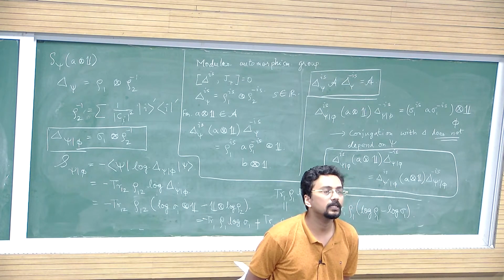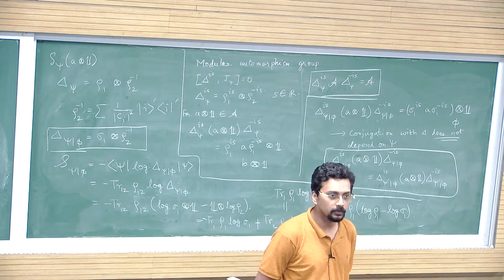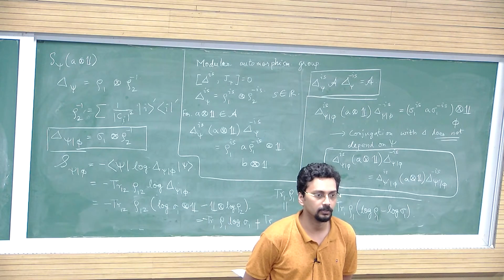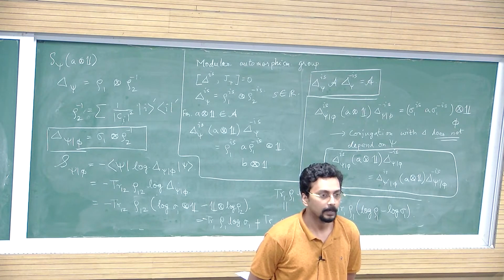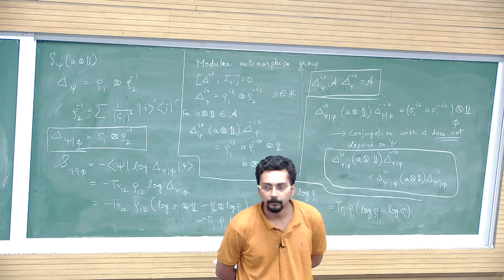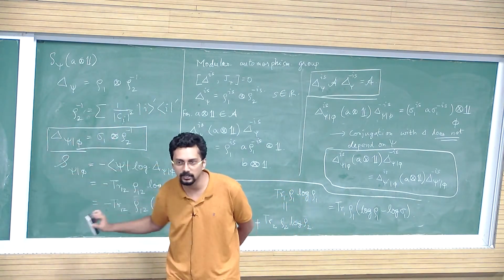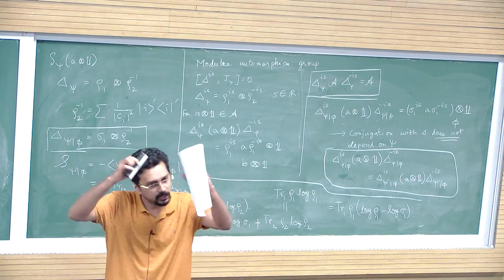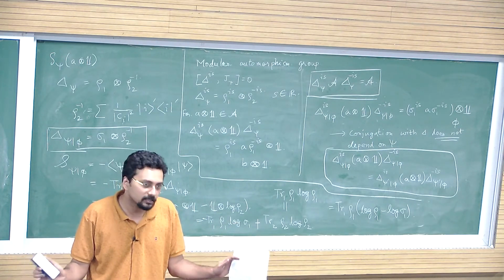I'm not aware of any analog of all these constraints there. The people who have been mostly driving this program are people like Nima Lashkari, Hong Liu, etc. I have not seen any of their works that talk about anything like this. They of course try to connect it with holography. The JLMS thing is a bit different. They don't do this algebraic QFT modular flow. They use it in a different sense, sitting in the Rindler wedge. They are already in a nice patch in a very simplistic setting.